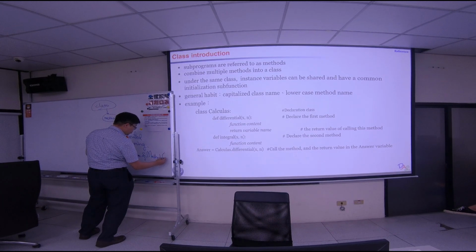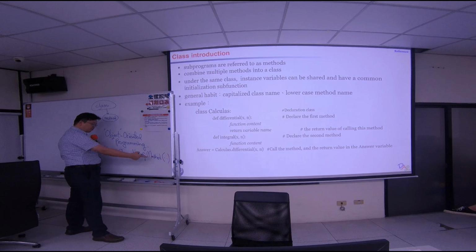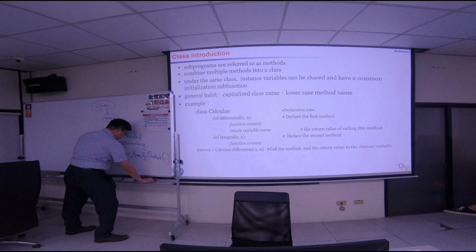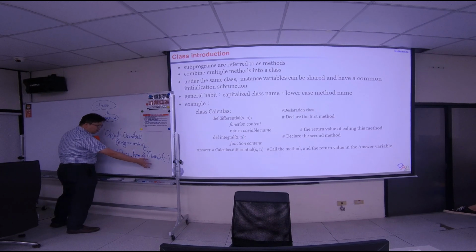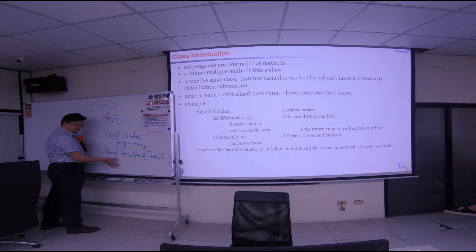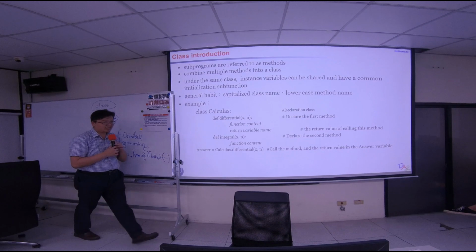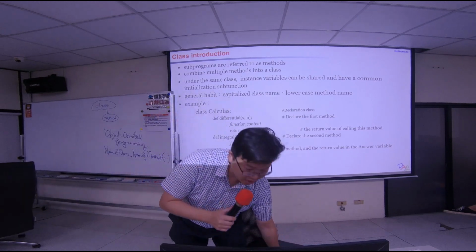And then do what's necessary for the method. So the dot helps you realize you are calling one method inside this class. So whenever you have a dot, this is object-oriented programming. Okay, so Python has object-oriented programming as well.